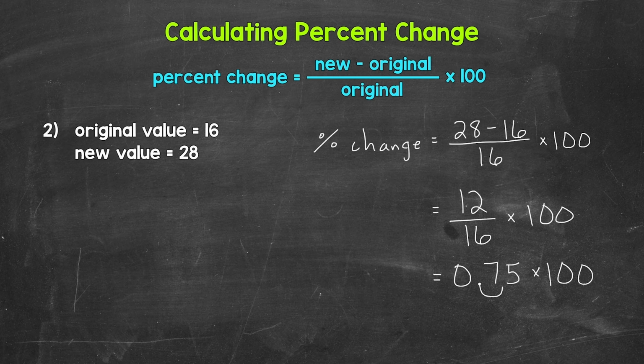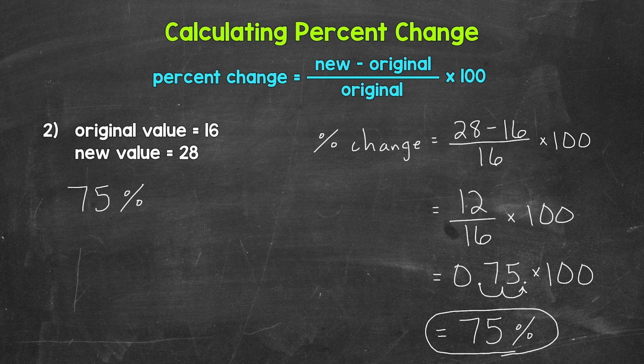So once, twice to the right, and that gives us 75%. And since that's positive, that tells us we have an increase. We went up 75%. So this was a 75% increase.